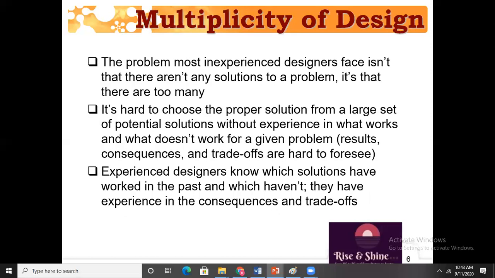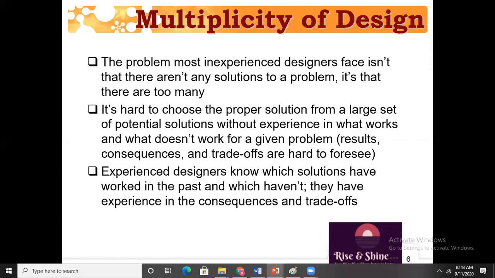Again, why do we need the pattern? Because there is one problem in today's industry: multiple solutions are available, or there is a multiplicity of design. The problem most experienced designers face nowadays is not that there is no solution.